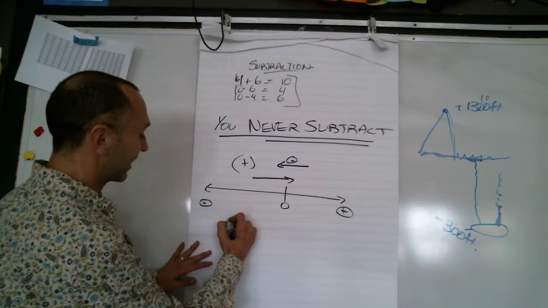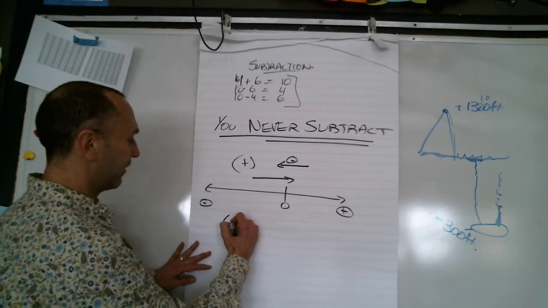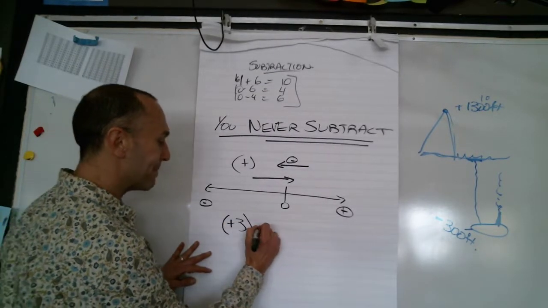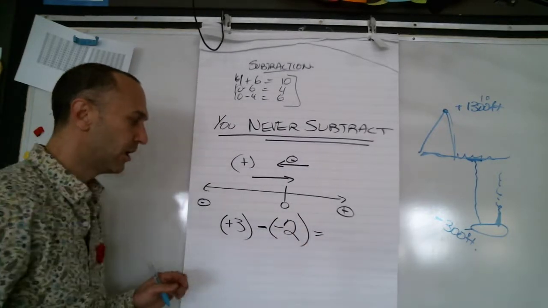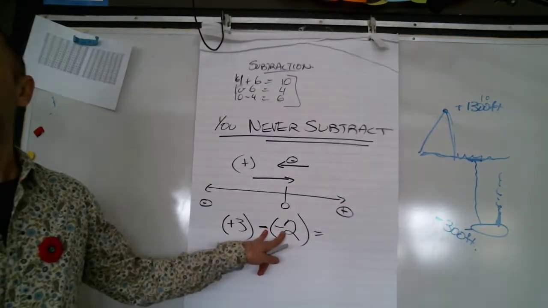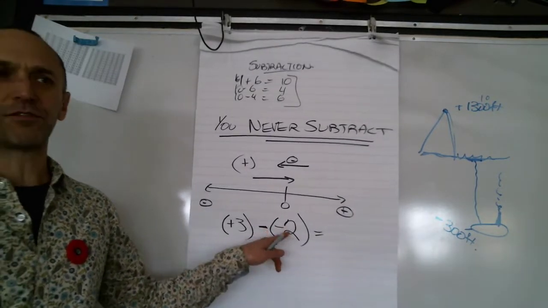Now, let's take a look at this, because if I have positive 3 minus negative 2, we've seen this before. Where have we seen a double negative before?